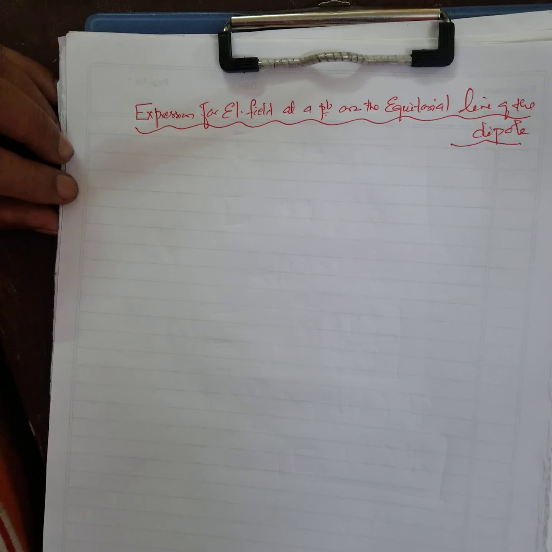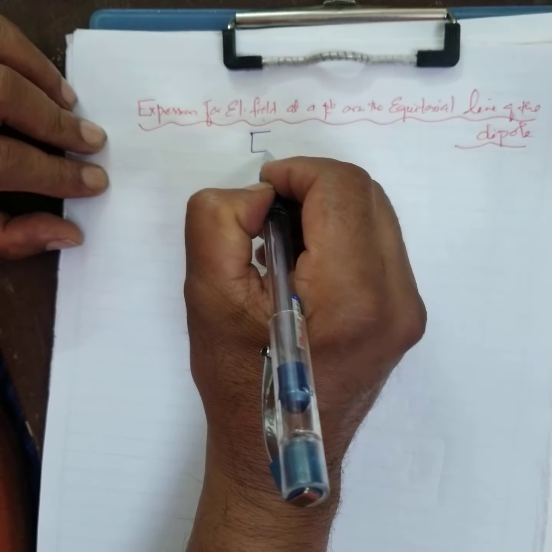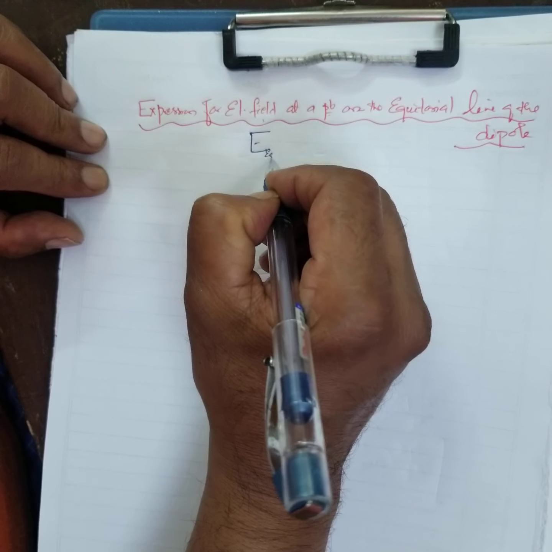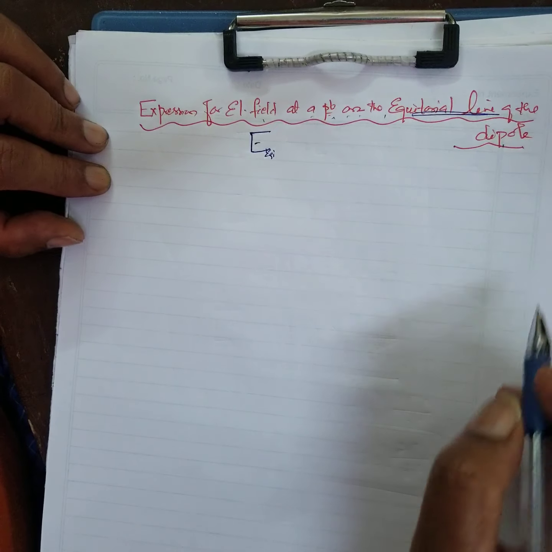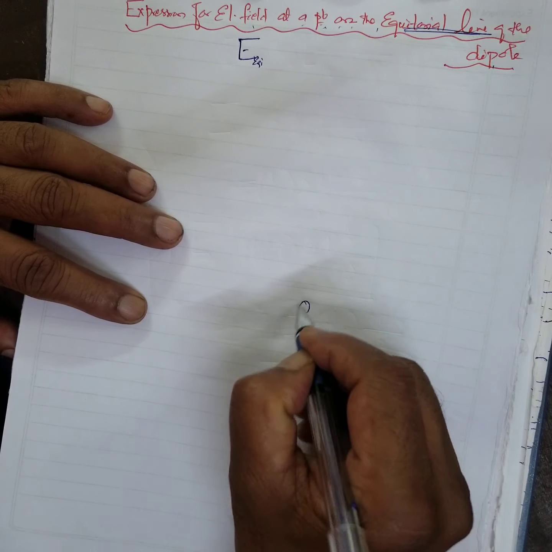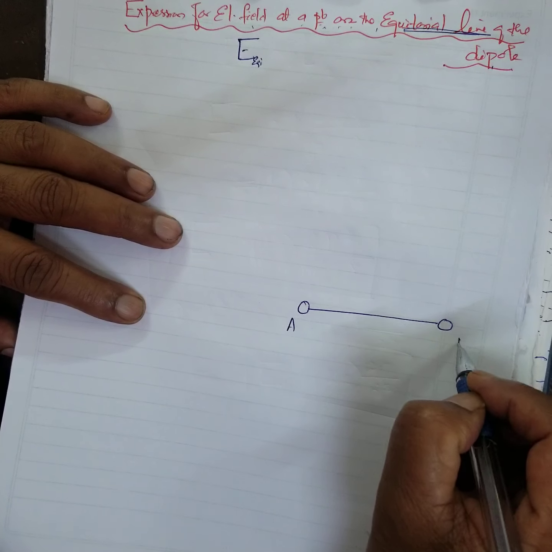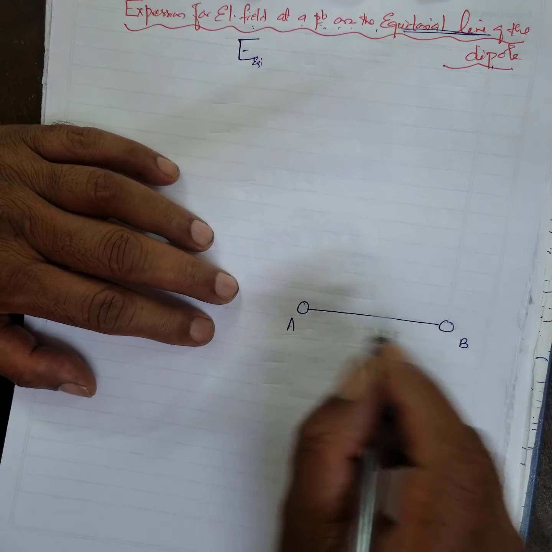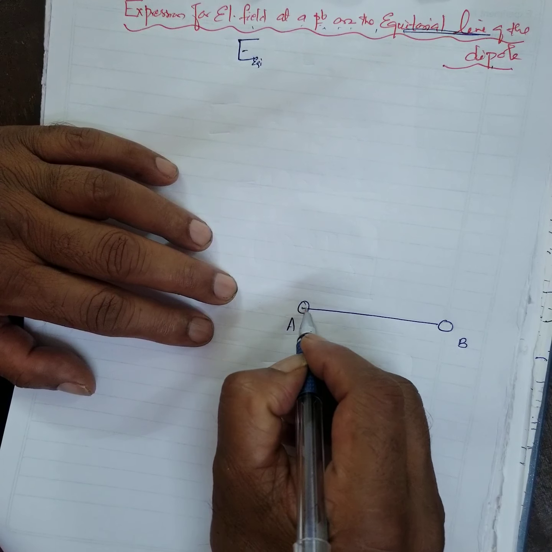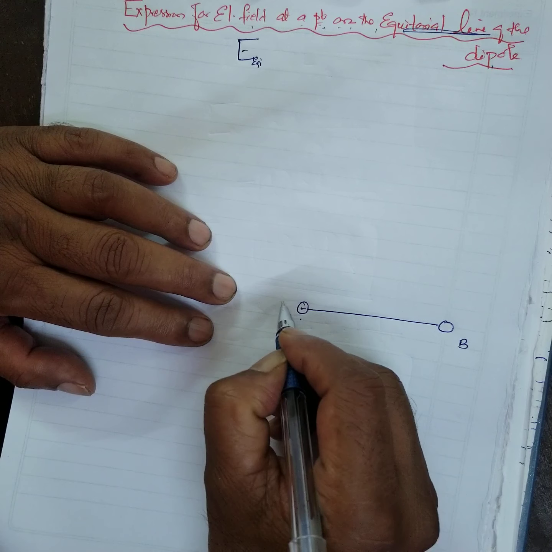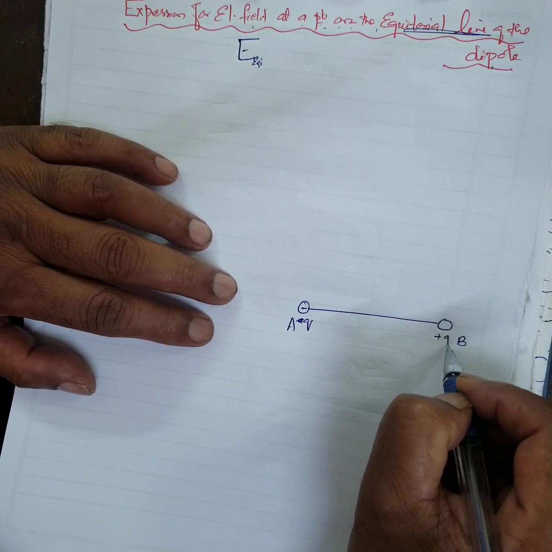Okay. See here again the expression for electric field at a point on the equatorial line of the dipole. See, this is a dipole, A and B. Now here this is negative charge, this is positive charge.